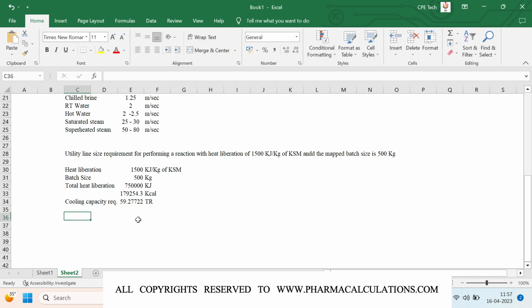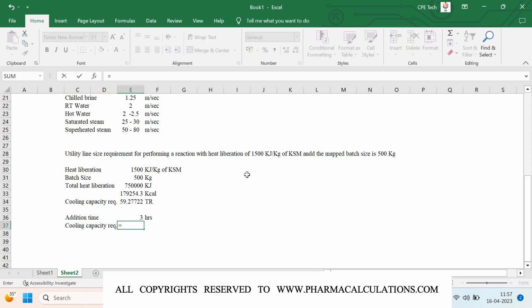And let's say the addition time, so here let's consider this is a semi-batch reaction and the addition time is almost 3 hours. So the cooling capacity requirement is going to be the total TR divided by the addition time. So this is going to be in TR per hour.